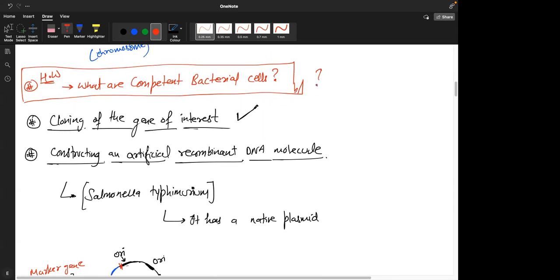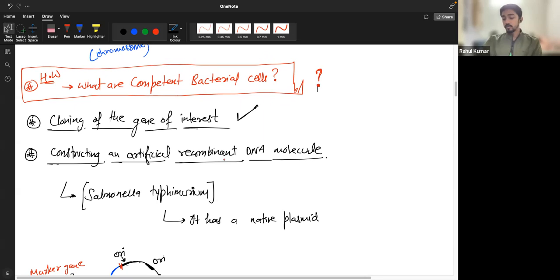They are the bacterial cells that take up the foreign DNA from the surrounding. So you are perfectly correct. Competent bacterial cells are those which can easily take up any foreign DNA present in the surrounding. But are all bacteria always competent?